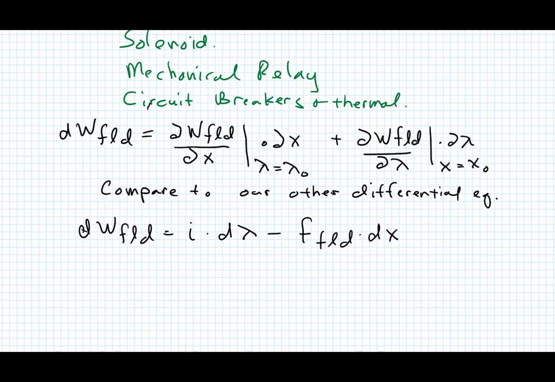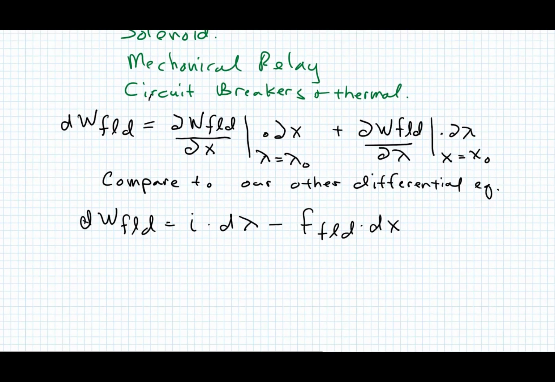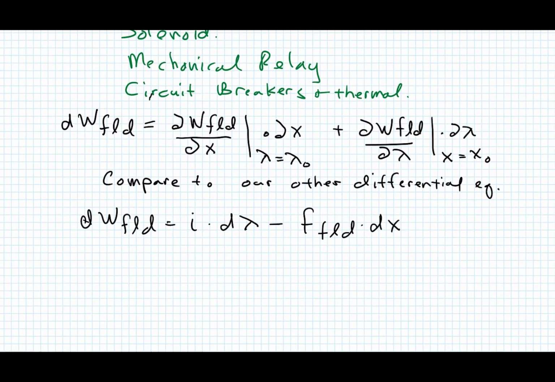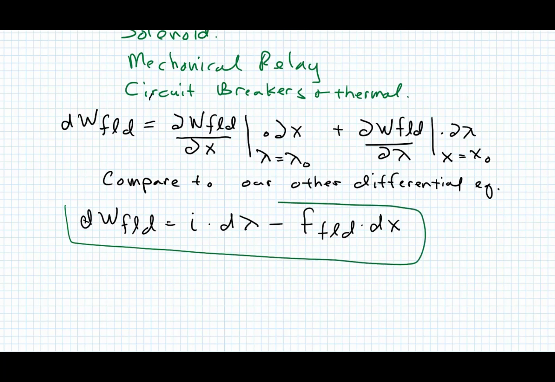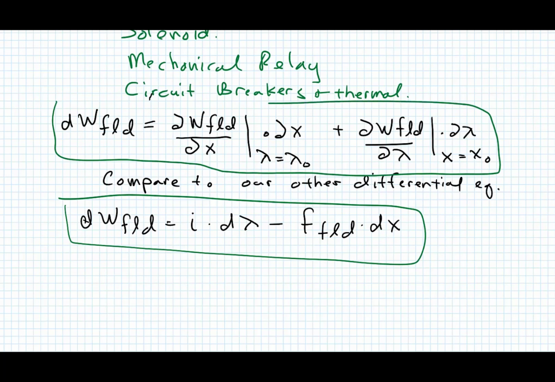So what we can do from this is we can say, well, we're really trying to find force, and this expression right here looks like this. I mean, on the left-hand side and the right-hand, it's the same, but the right-hand sides are different, so there must be a correlation. So we have a d lambda here, and we have a d lambda here, and we have a dx here, and we have a dx here.